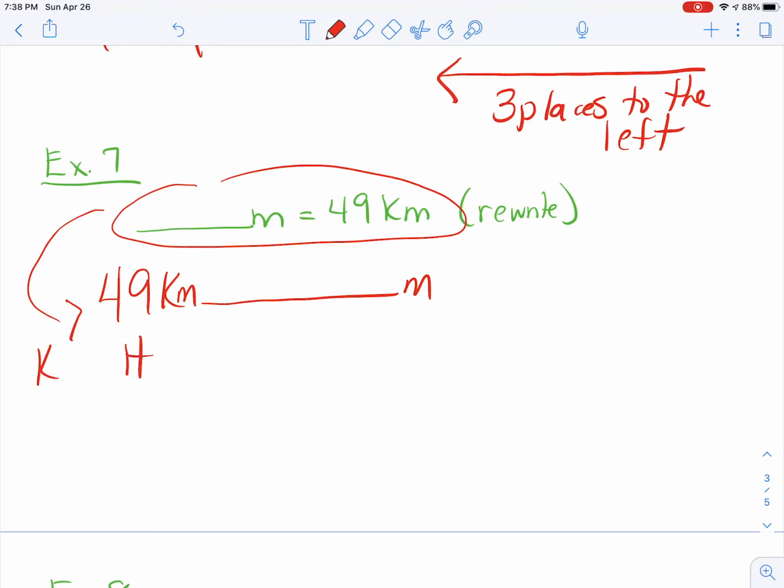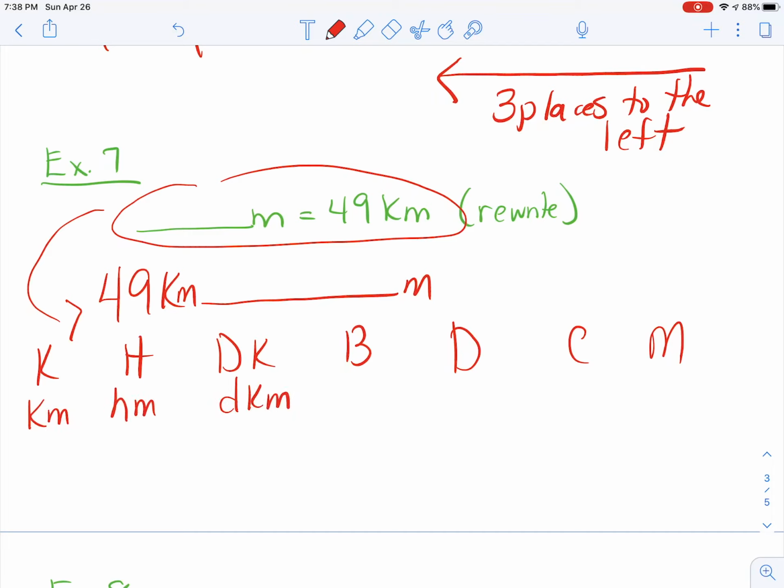So King Henry died by drinking chocolate milk. Kilometer, hectometer, decameter, meter, because that's my base unit, decimeter, centimeters, whoops, sorry, got a little carried away there. That would be millimeters.